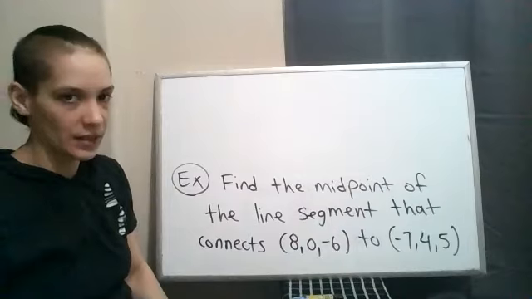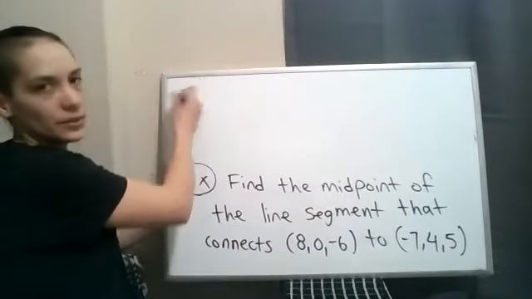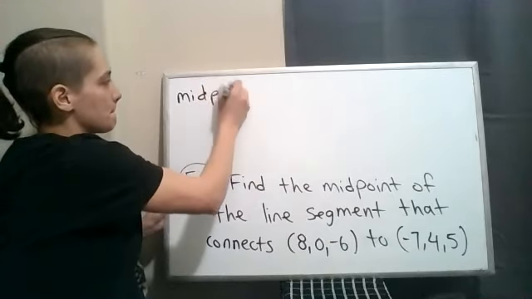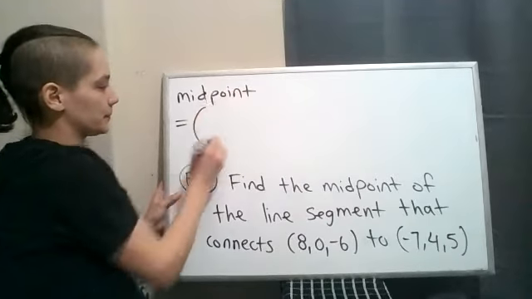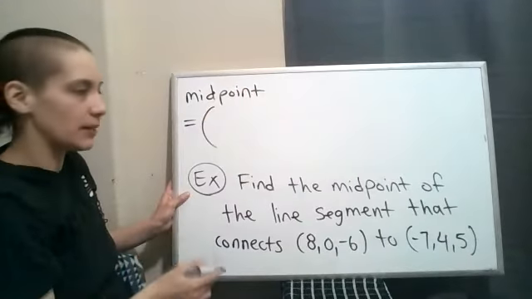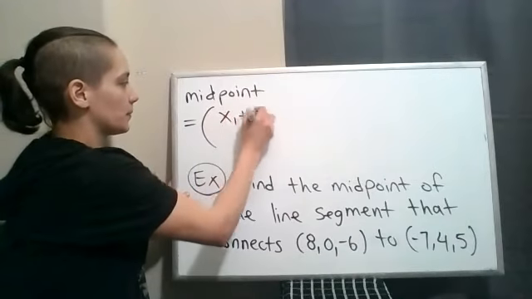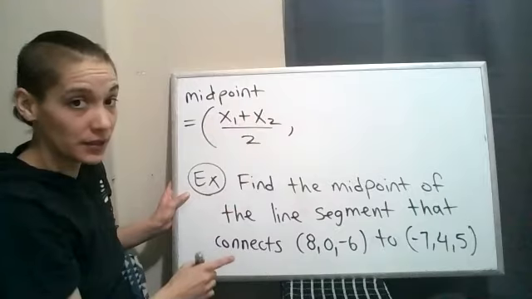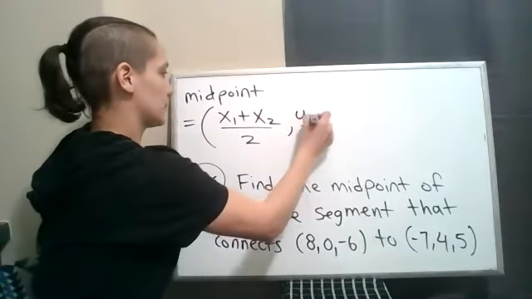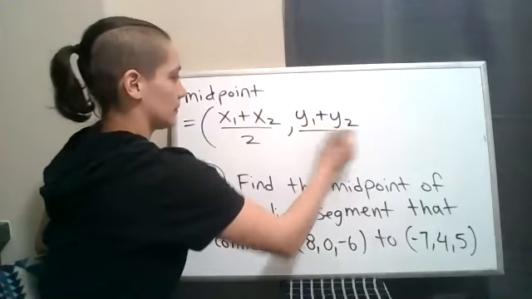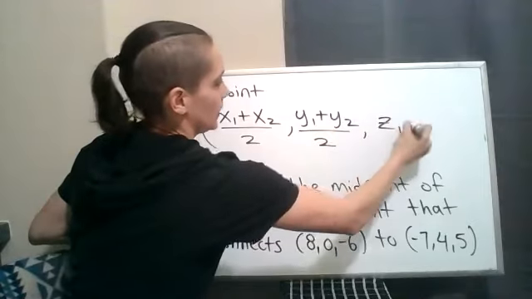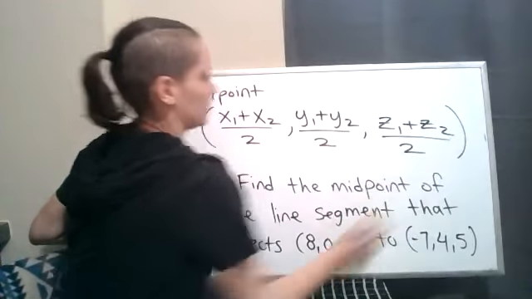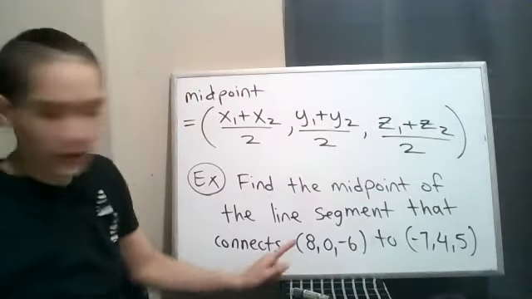Okay, so you're going to start from scratch, go back and rewrite the formula. x1 plus x2 divided by 2. y1 plus y2 divided by 2. z1 add z2 divided by 2.